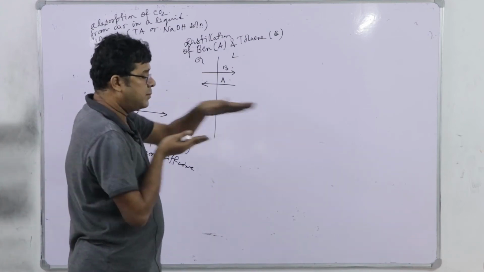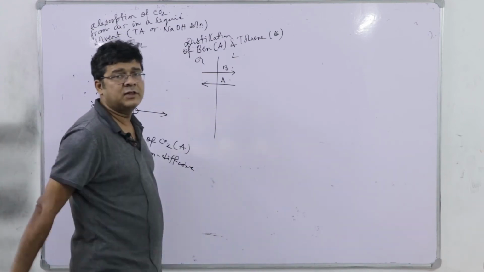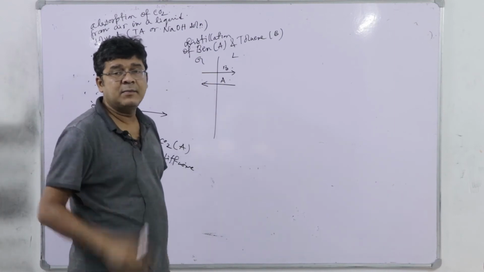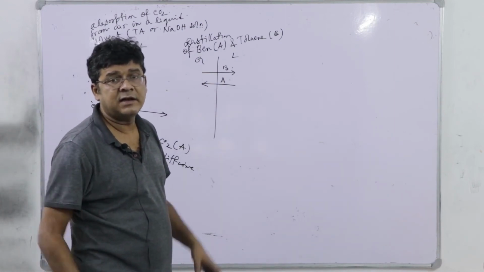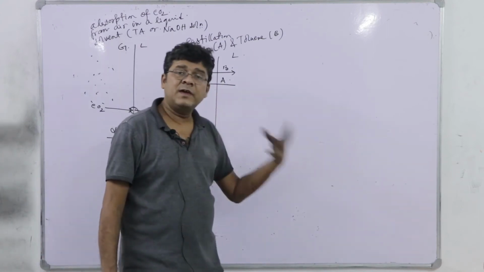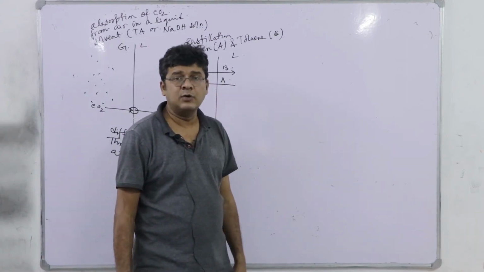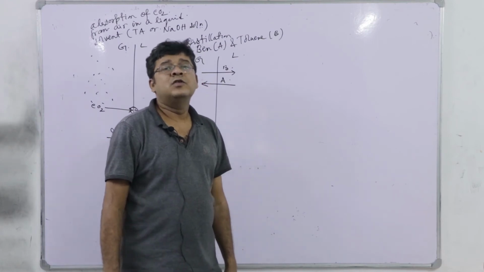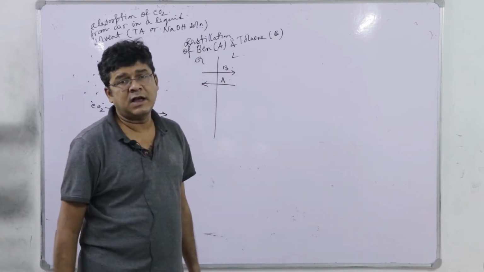So, here both A and B are diffusing in the opposite direction, and in the McEpthily paradigm, what we will discuss later, we have seen that we can assume an equimolar counter diffusion. So, what is the aspect of equimolar counter diffusion?